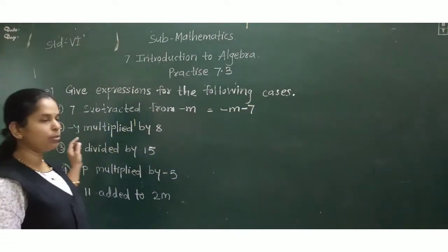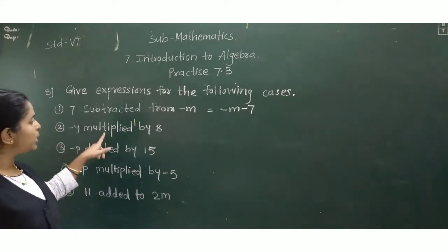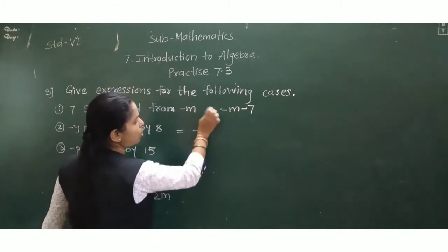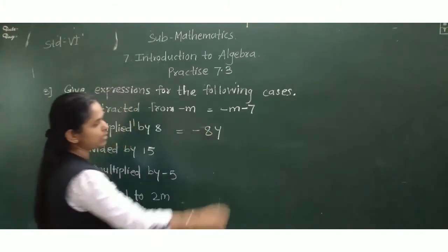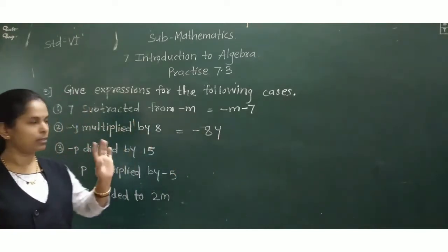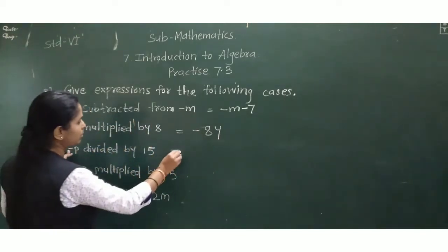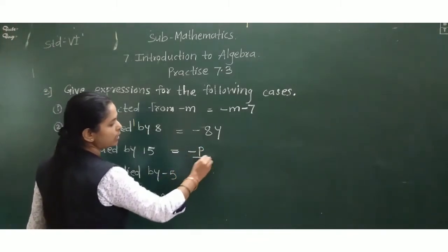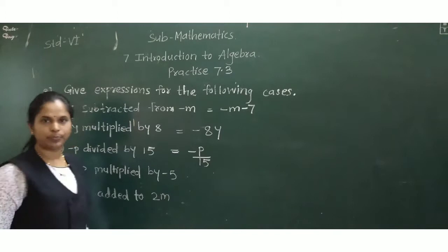Second one, minus y multiplied by 8. That is minus 8y. Then minus p divided by 15.